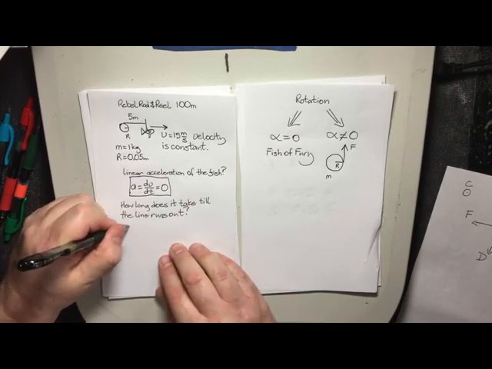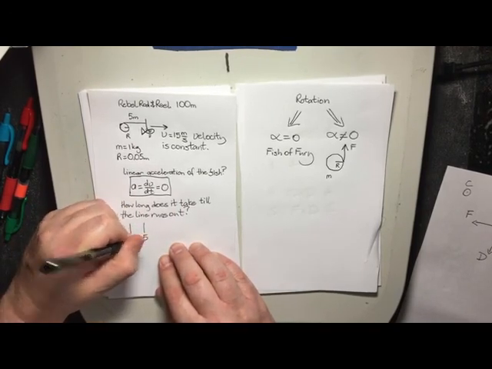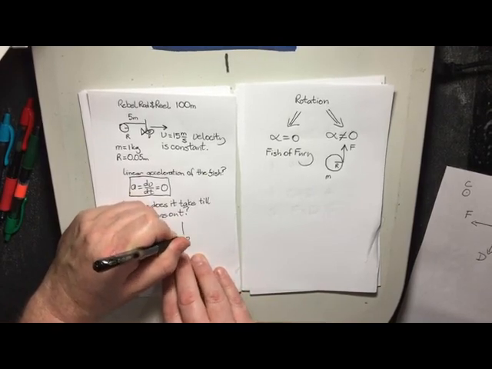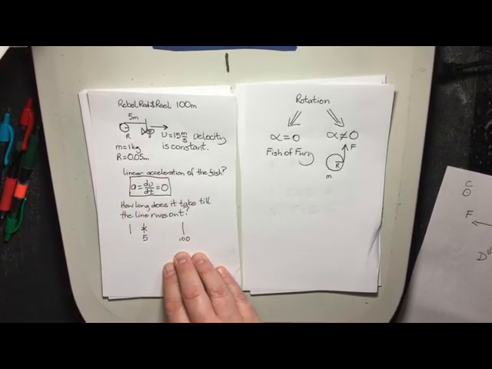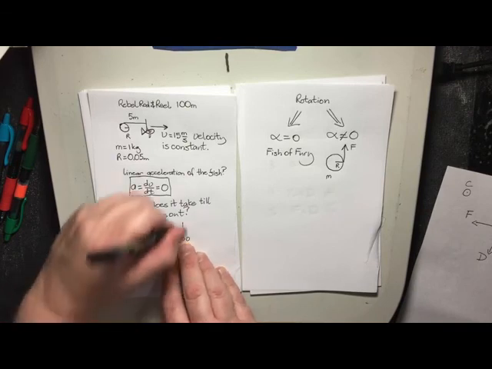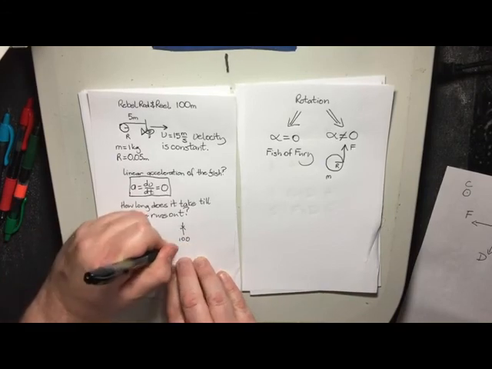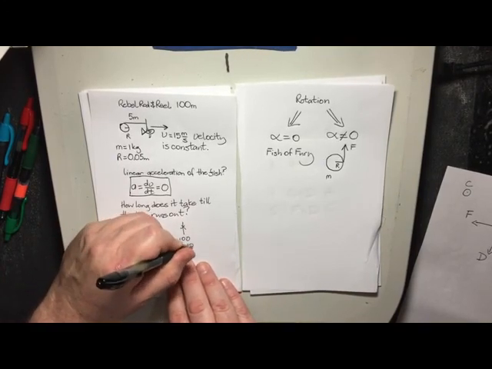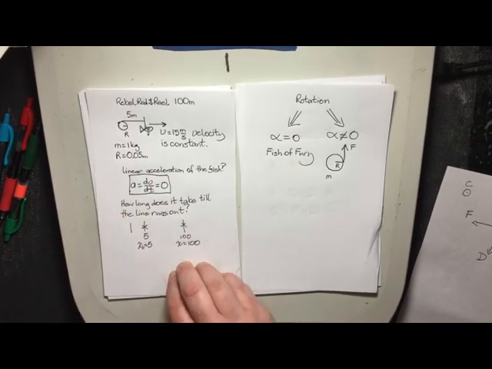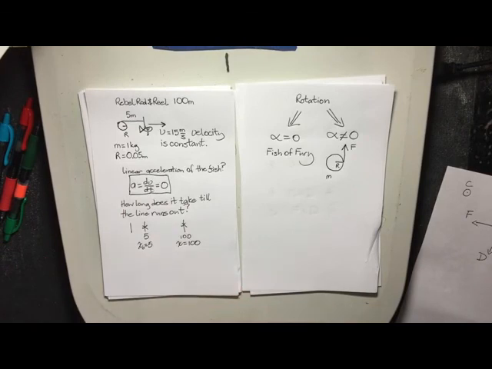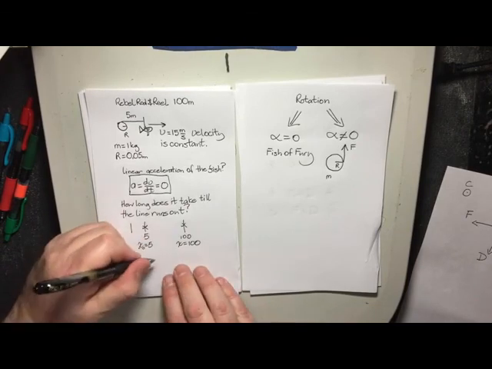If the fish starts at 5 meters and the line runs out at 100 meters, you could say that x naught is equal to 5 and x final is equal to 100. It's a very simple one-dimensional motion problem.